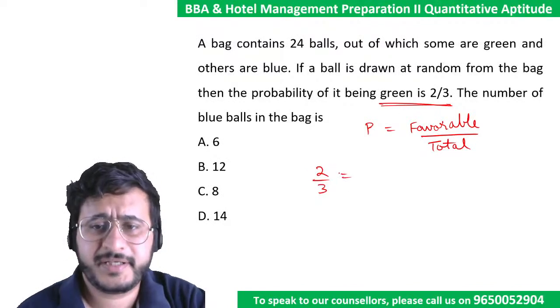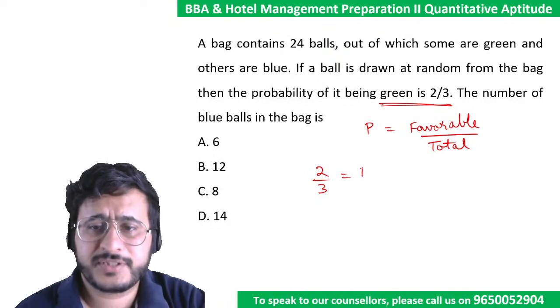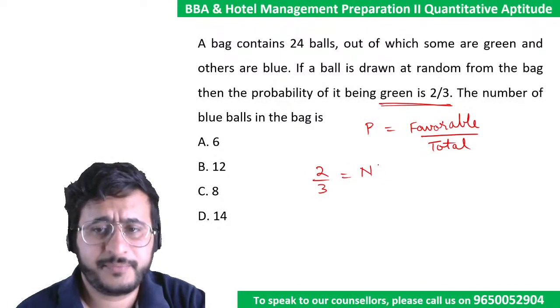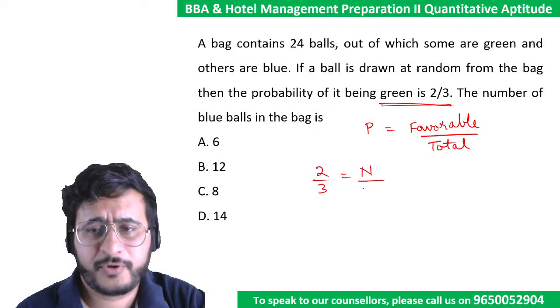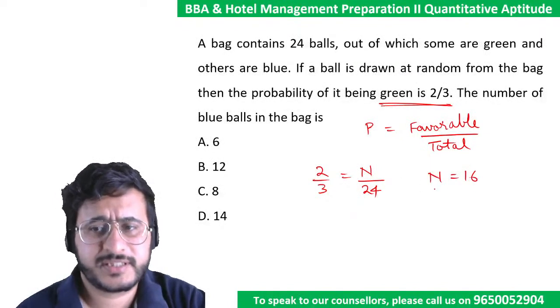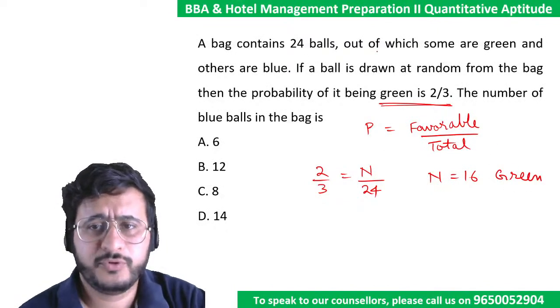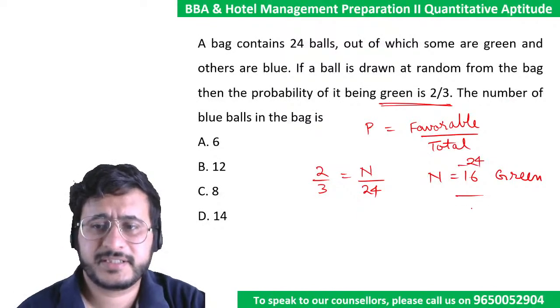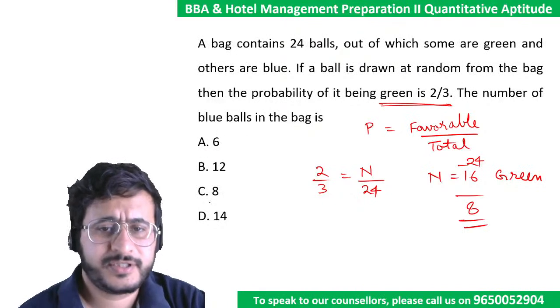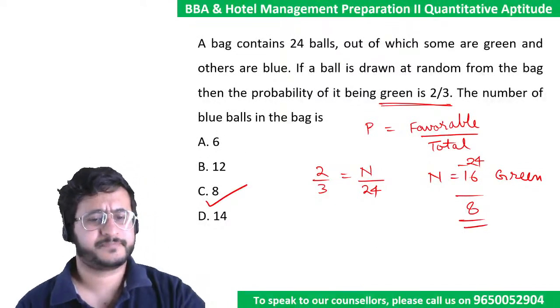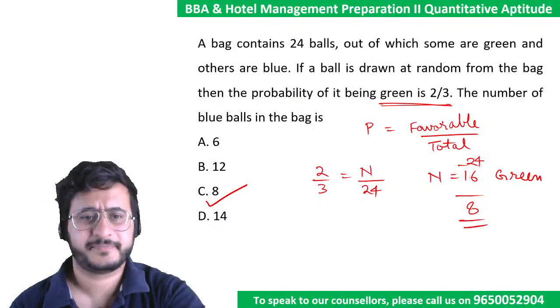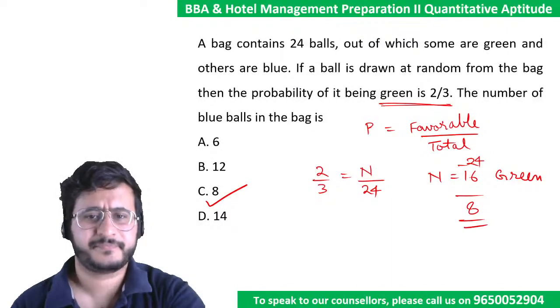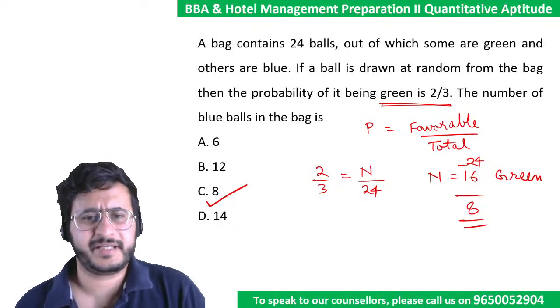Suppose n is the number of green balls, then probability of green is n upon 24. So we get n is equal to 16. If there are 16 green balls, how many blue balls would there be? Blue balls will be 24 minus 16, that is 8. So there are 8 blue balls. As simple as that, isn't it? It was a very straightforward, easy question.